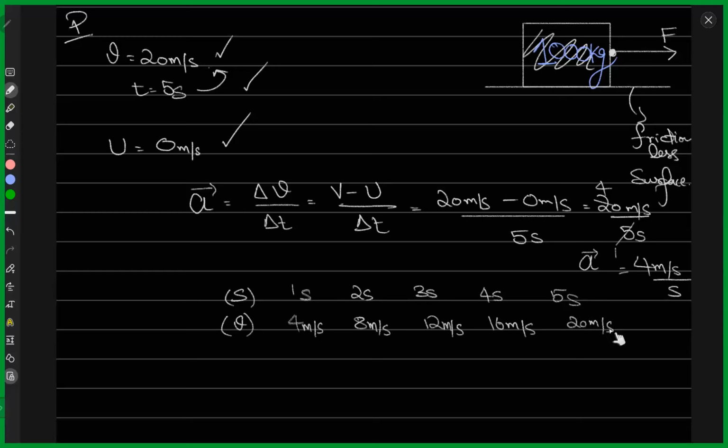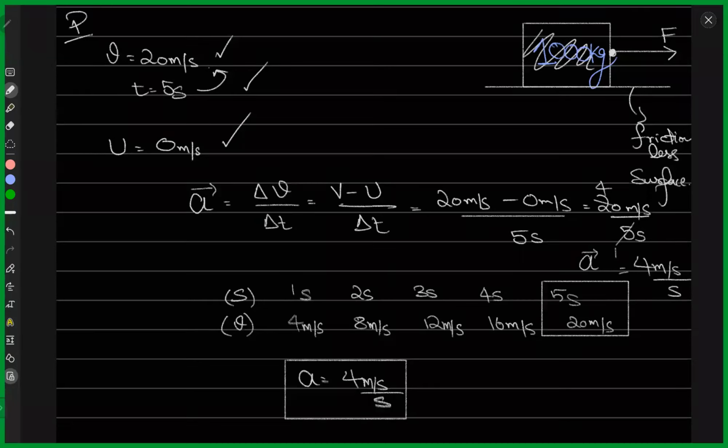So add 4 to this and you get 20. So you can see that, of course, we are in line with the statement of the question, which said that it takes 5 seconds to go from 0 to 20 meters per second. All right, so now we have the acceleration of the system, which is 4 meters per second per second.